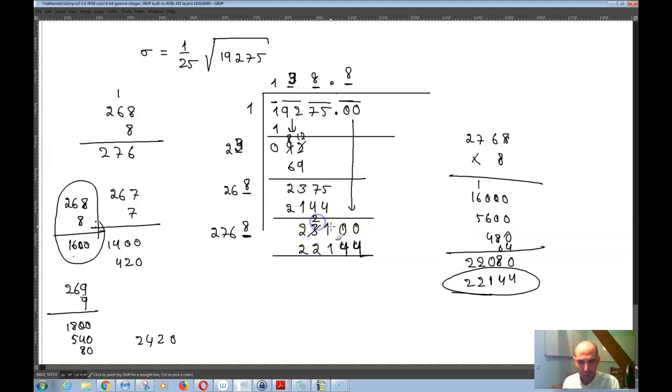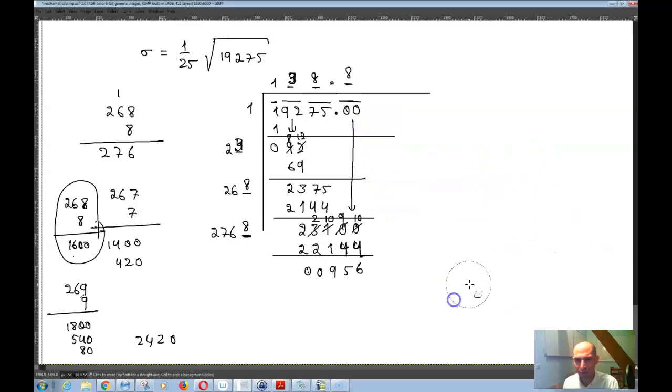So you get 6, 5, 9, 0, 0. You can go for another decimal place as well, but it's really not necessary.